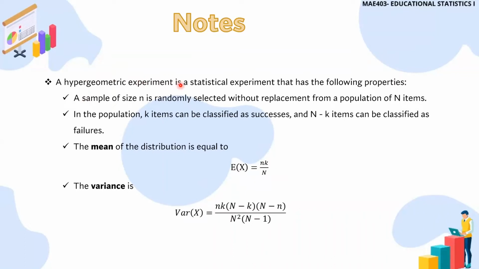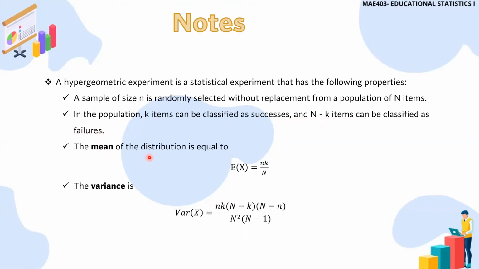A hypergeometric statistical experiment has the following properties. A sample of size n is randomly selected without replacement from a population of N items. In the population, K items can be classified as successes and N minus K are classified as failures.